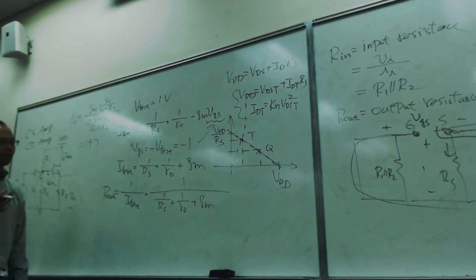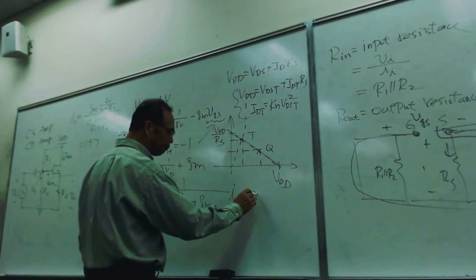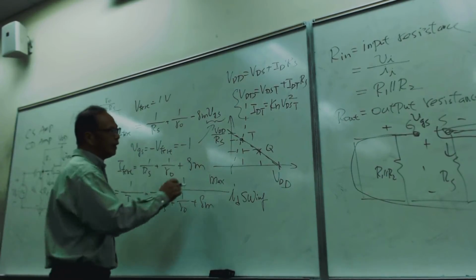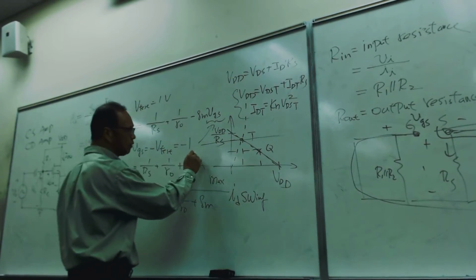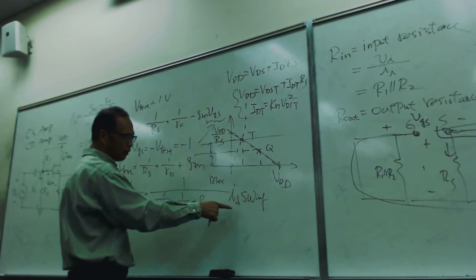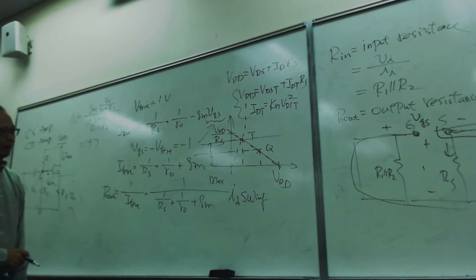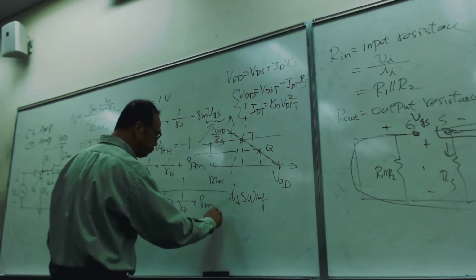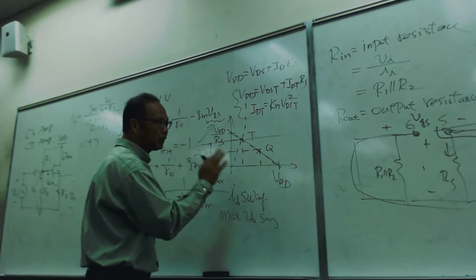Based on that, you can figure out the maximum I sub D swing. What is it? The upper bound is here, the lower bound is here, and the Q point is here. So you have two windows, and the smaller window is the maximum I sub D swing. And if you want to find the maximum V sub O swing, it's the maximum I sub D swing times what?